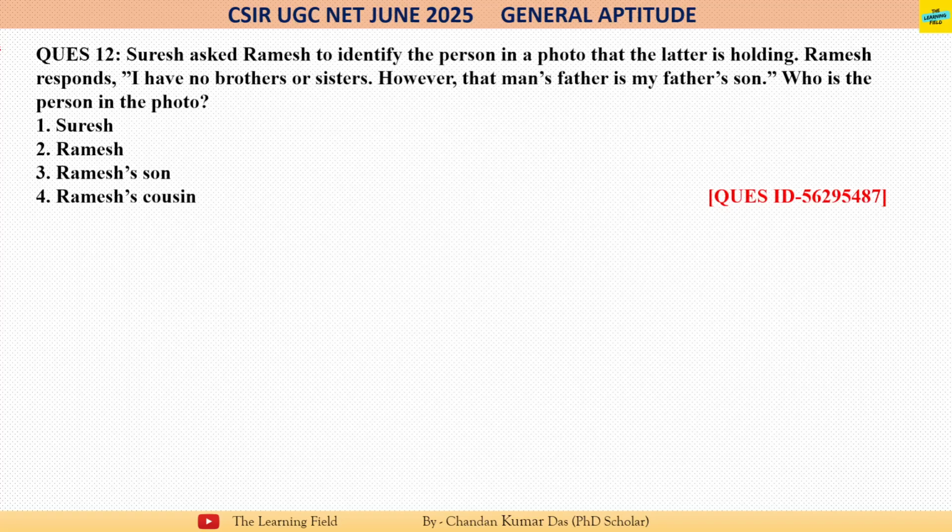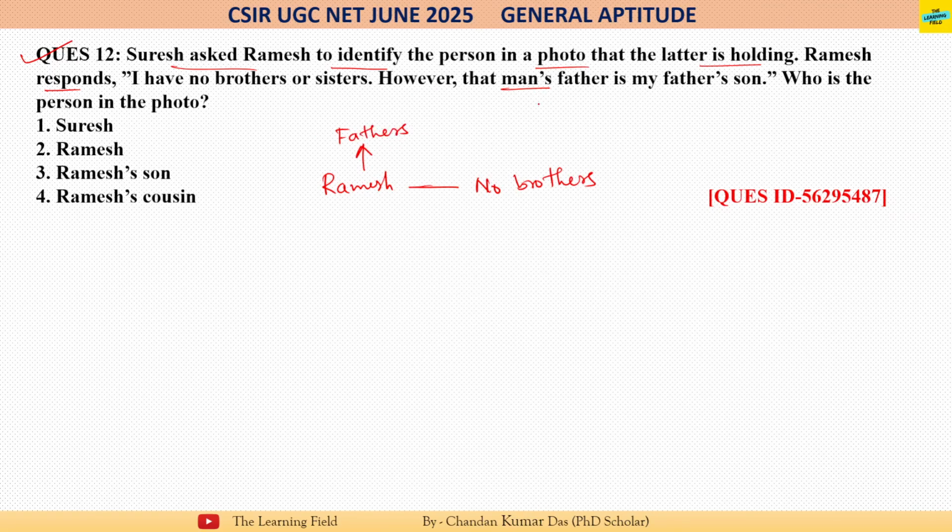Next question. Suresh asks Ramesh to identify the person in the photo that the latter is holding. Ramesh responds, I have no brothers. That means Ramesh has no brothers. Fine. However, that man's father is my father's son.